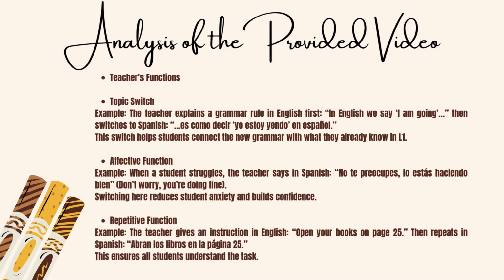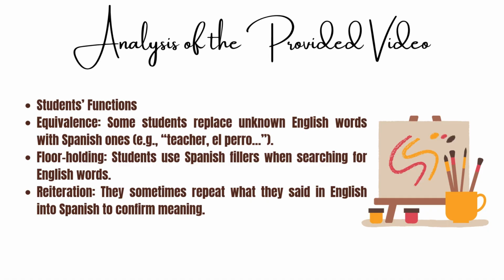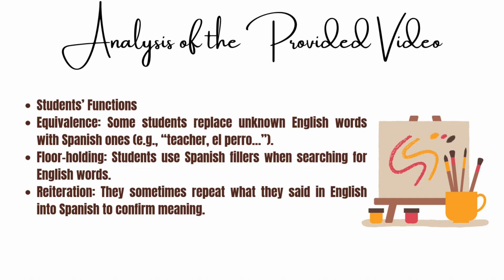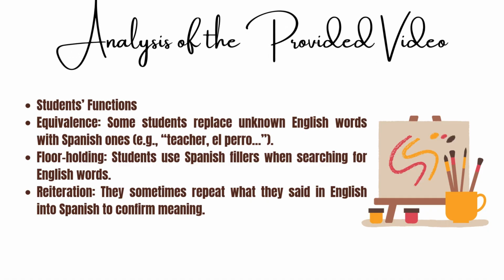And in the repetitive function, the example is the teacher gives an instruction in English, which is open your books on page 25, and then repeats in Spanish, abran los libros en la página 25. So this ensures all students understand the tasks. Then we're going to analyze the student functions in the provided video.